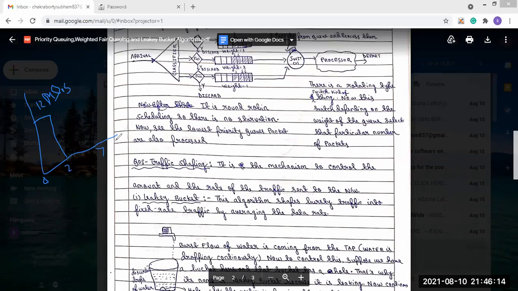Then let's say from 7 to 10 seconds, the data came at 2 Mbps speed. This is what is called bursty traffic. Bursty means sudden changes of data.